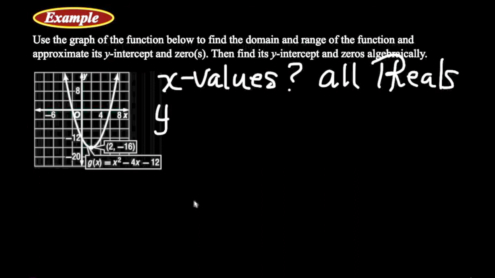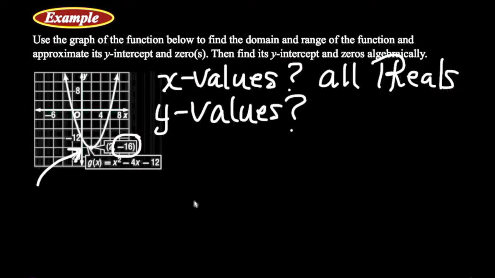Then when we look at the y values, or the range, what kind of outputs are we going to get? Well, we have a minimum point down here of -16. We can see that as the y coordinate of the point.